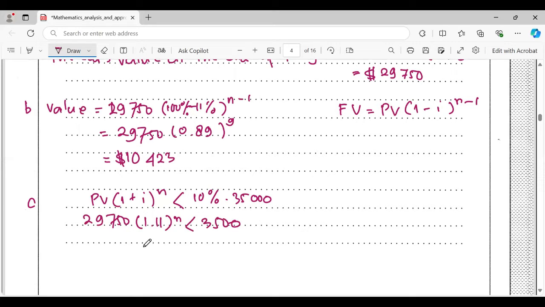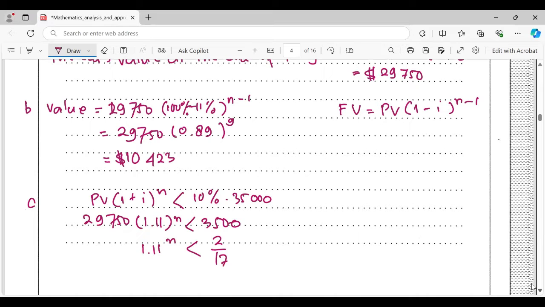This is 3,500. So 1.11 to the power n less than 3,500 over 29,750, that is 2 over 17.